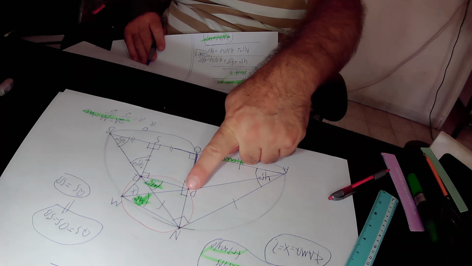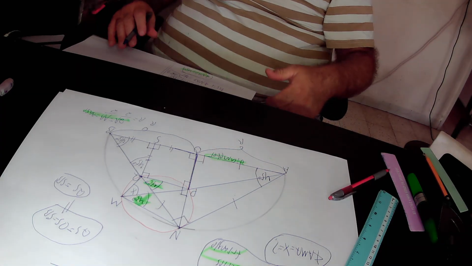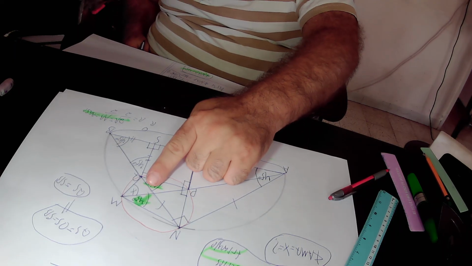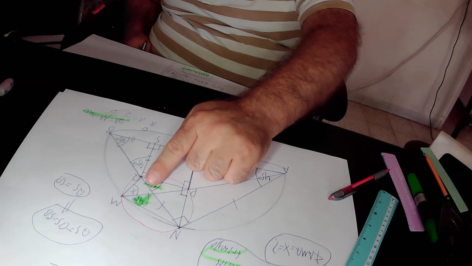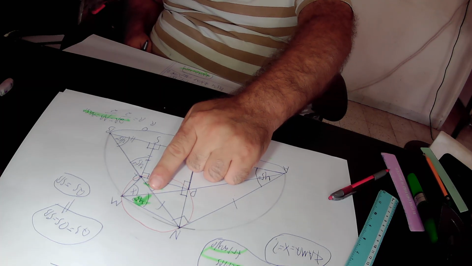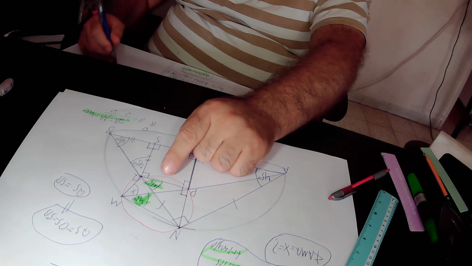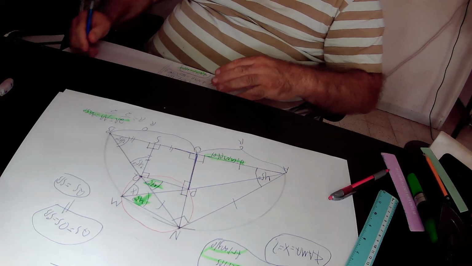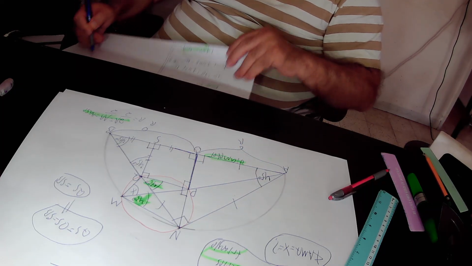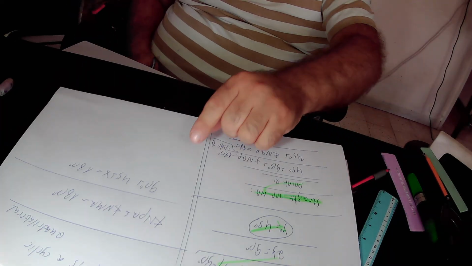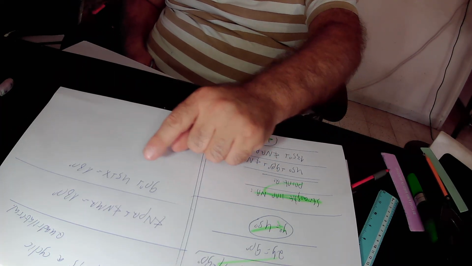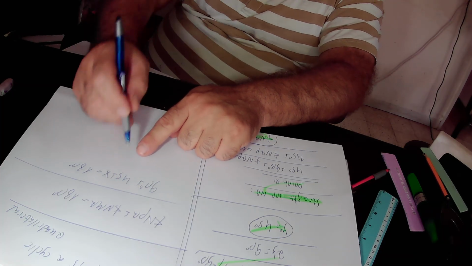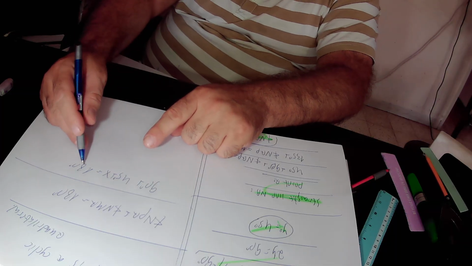This is angle NPQ, that is the right angle, plus this is angle NMQ, that is equal to 45 degrees plus X. So angle NPQ that is 90 degrees plus angle NMQ that is equal to 45 degrees plus X, in total are equal to 180 degrees.